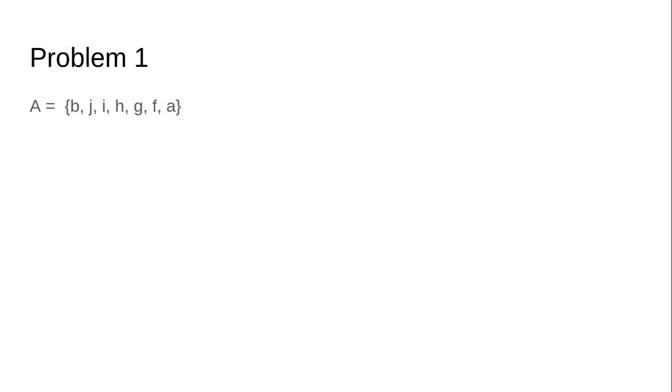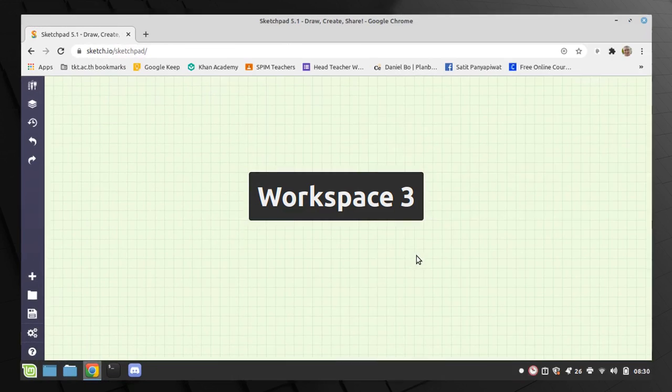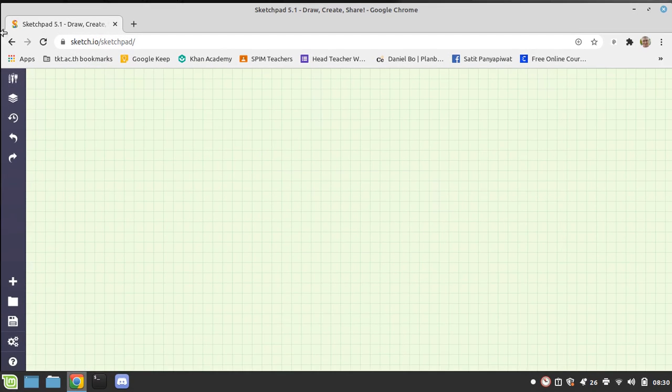First problem: set A has elements B, J, I, H, G, F, and A, and set B has one element, which is G. So I'm going to go ahead and write these down over here.